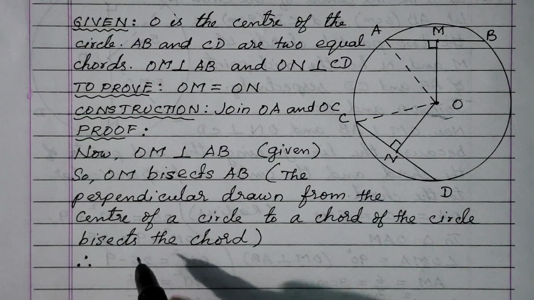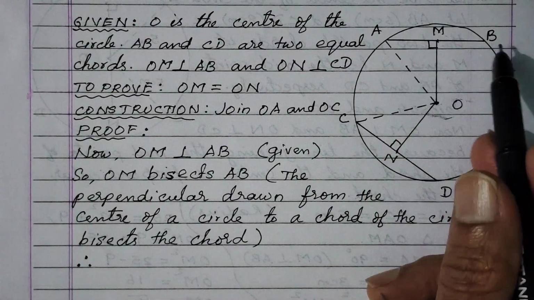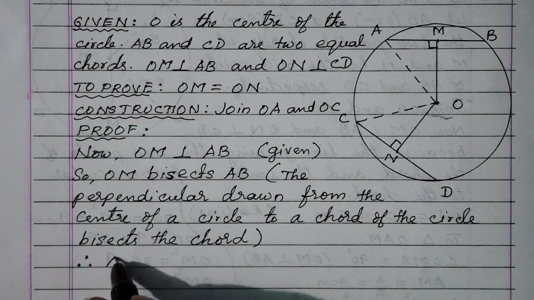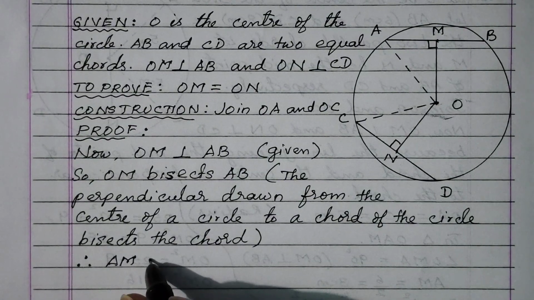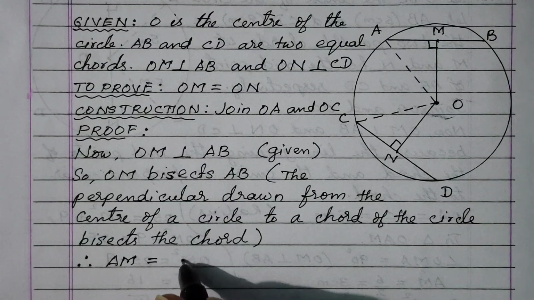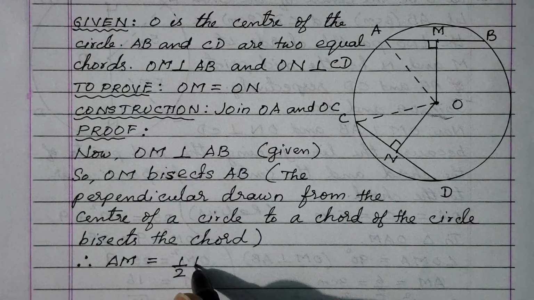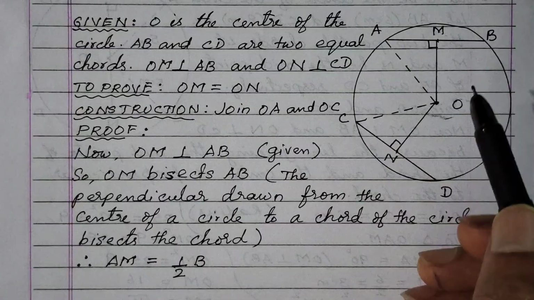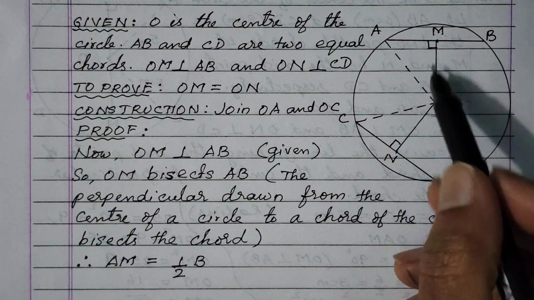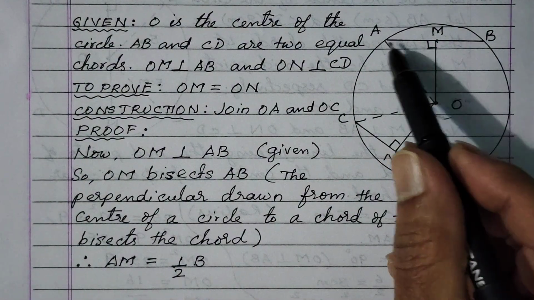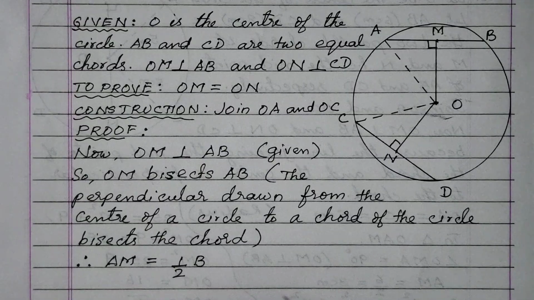Therefore, AM will be equal to half of AB. When OM is bisecting AB, AM will be half of AB.